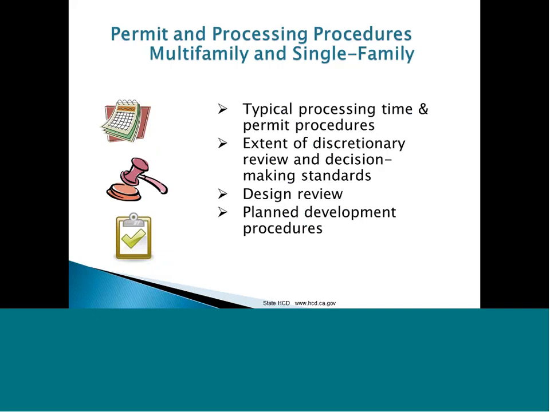Building permit processing procedures are the other area that can either incentivize or hinder the production of affordable housing. The housing element must include a description and analysis of permitting and processing procedures, including typical processing time and permit procedures, extent of discretionary review and decision-making standards, design review, plan development procedures, any inclusionary requirements.